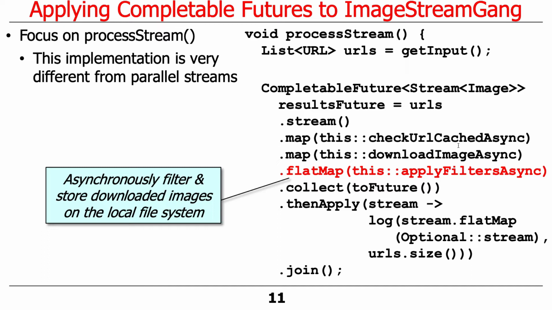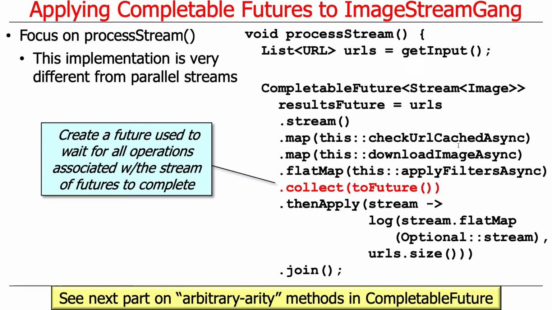And then we're going to store those filtered and downloaded images onto the local file system, which could either be on your phone or your computer or whatever. And that will then return a stream of completable futures to optional images. The final thing we're going to do is call collect.